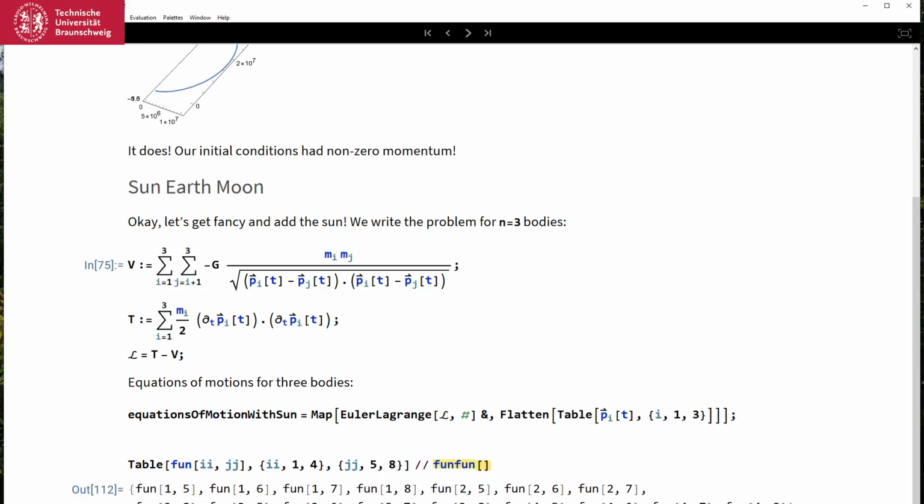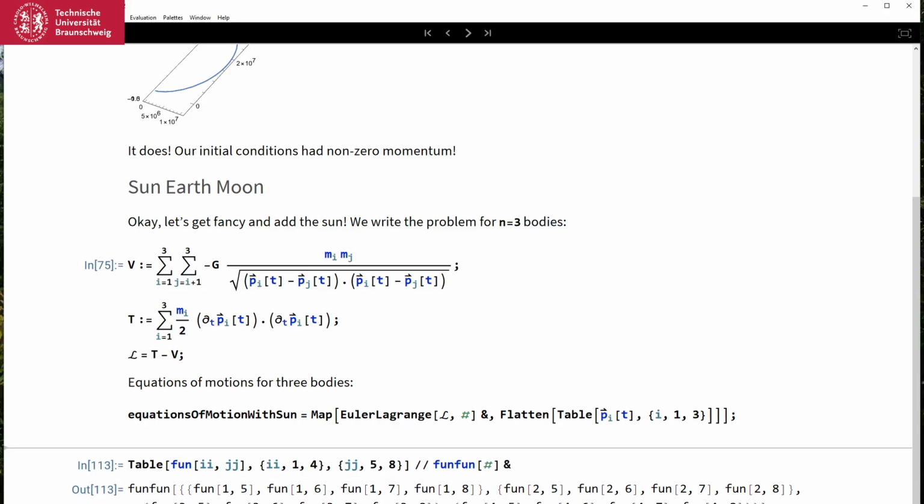So for example you can do... This will just now apply everything.